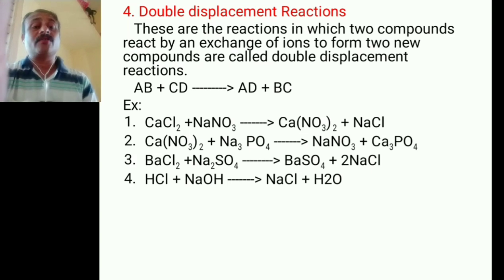So there is an exchange of ions, like H plus and OH minus exchanging with Cl and Na, forming NaCl plus H2O. So this is the fourth type of chemical reaction, the double displacement reaction.